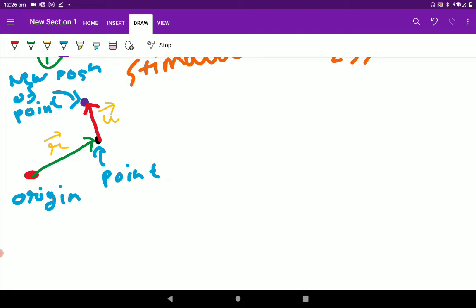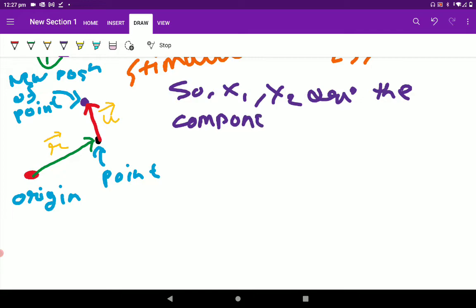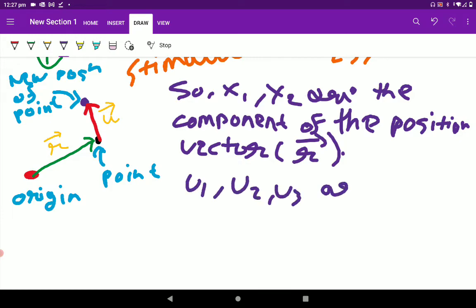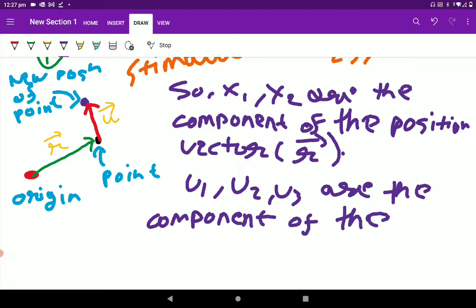So x1, x2 are the components of the position vector, and u1, u2, u3 are the components of the displacement vector.